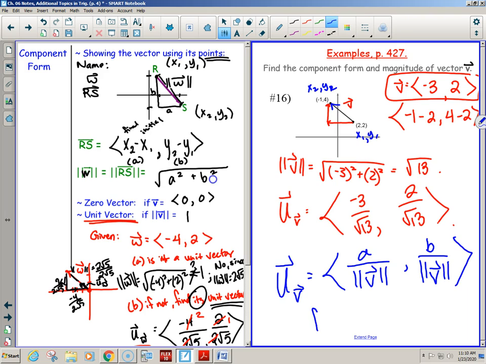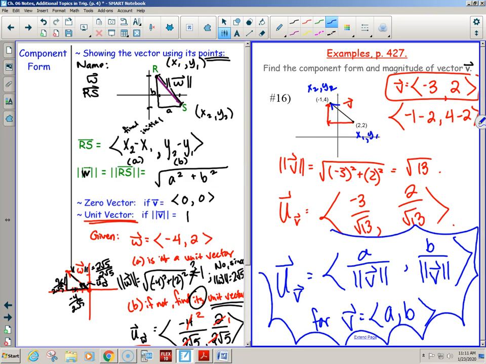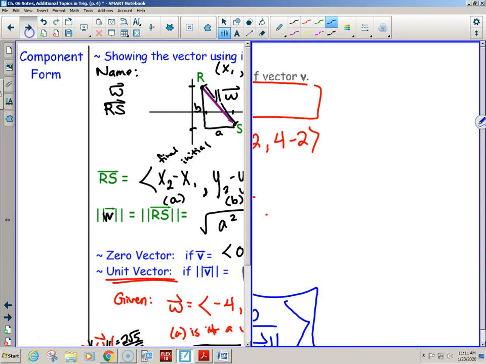And that's for vector v starting as an a and a b. Remember, if they don't give you this, you can always find it with that little subtraction of final point minus initial point for the x's and the y's. So there's our little unit vector formula. We did it a couple times yesterday, but we never wrote down an actual formula.